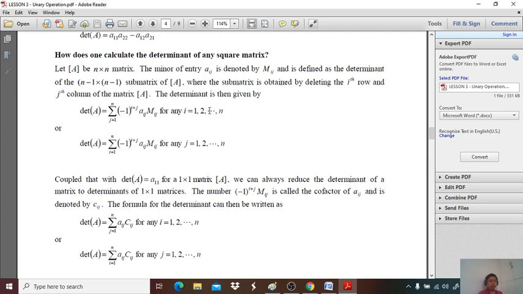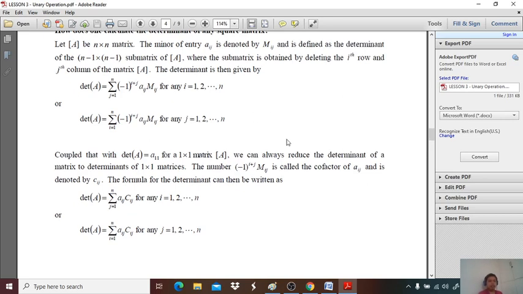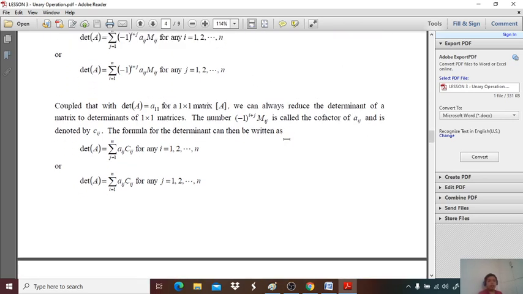This is for the row, so for row 1 it is 1 1, 1 2, 1 3, and 1 4 if it is 4 by 4. Next, for the determinant of A, it is the same summation of negative 1 raised to i plus j times Aij times Mij, for j equals 1, 2, 3, up to n. And the determinant of A is equal to A11 for a 1 by 1 matrix A.